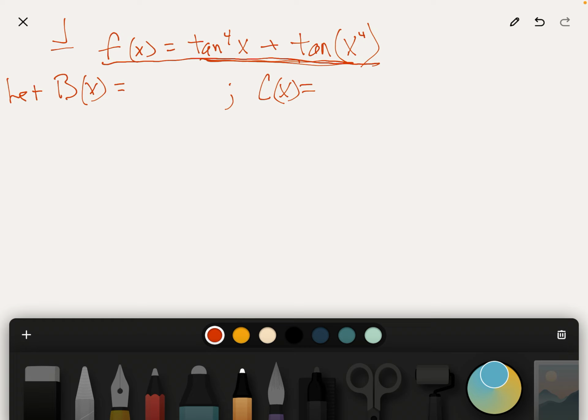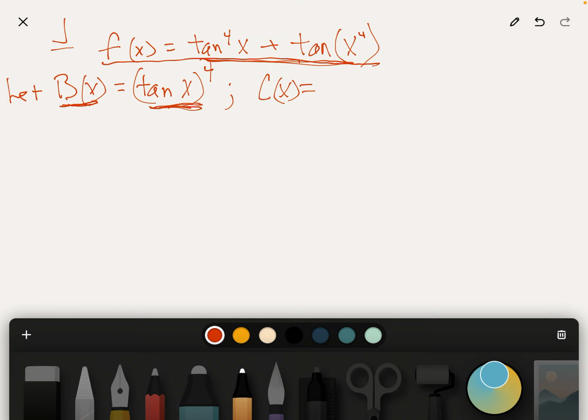So let's define some new functions. We'll use the same letters as last time. b of x is going to be tangent x to the fourth power. I like writing it like that, so I can see what I'm doing better.